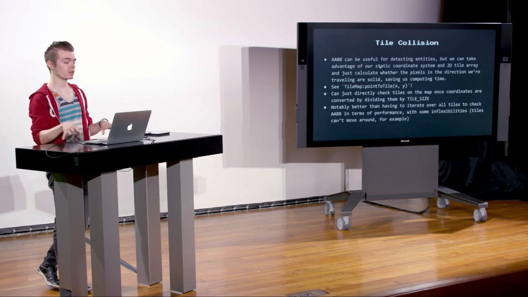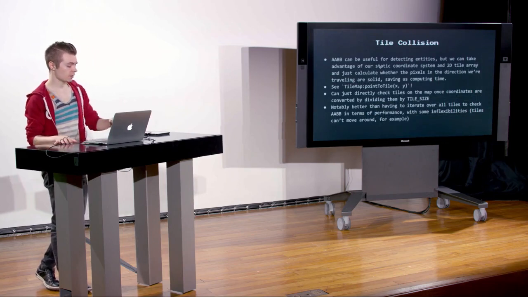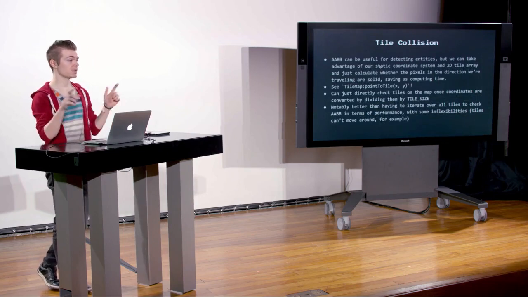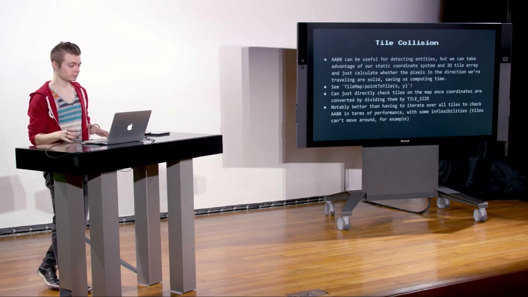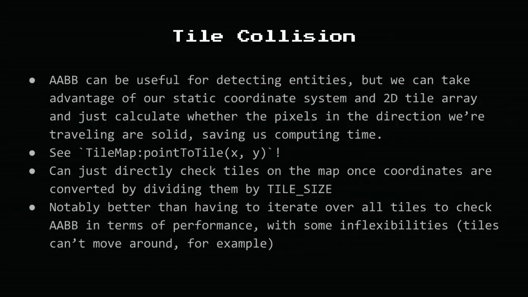Basically, the whole gist is that because we're on a 2D tile array that's fixed, it'll always be at 0, 0, at least in the model that we've currently implemented. We can just convert coordinates to tiles and then check whether the tiles at whatever that is are solid or not.